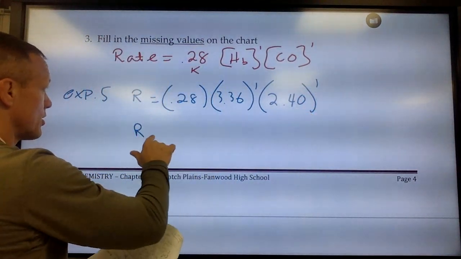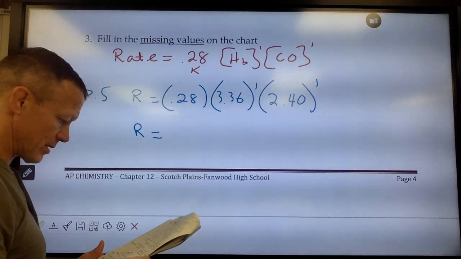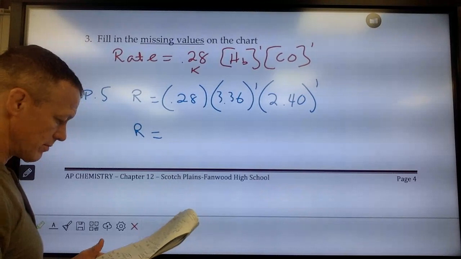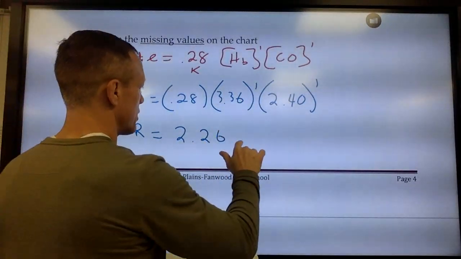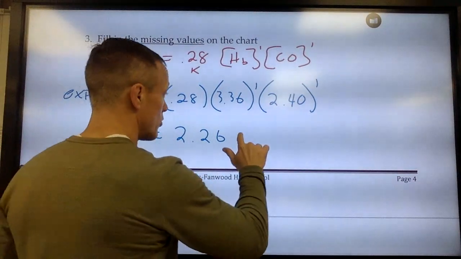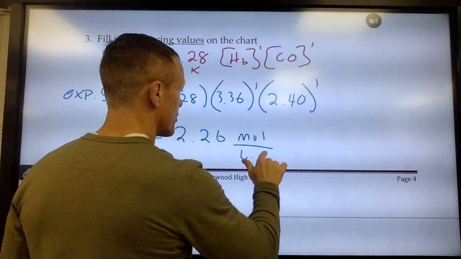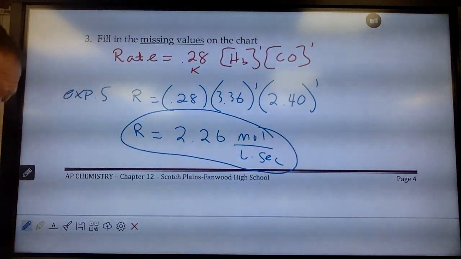So multiplying those, our rate ends up being, I think it's 2.26. Okay, so our rate is always in molarity per second, or moles per liter per second.